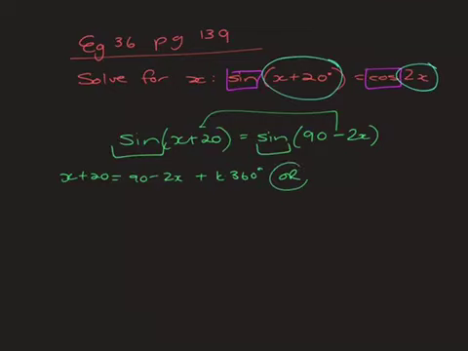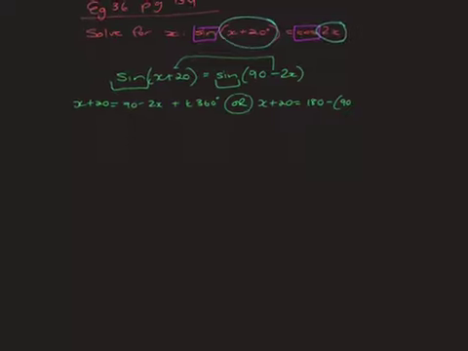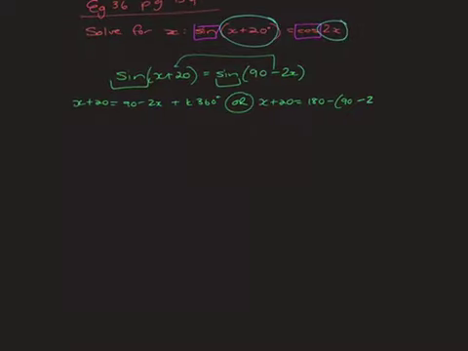Don't forget the or. x plus 20 is going to equal 180 minus that angle. All right, so then I'm going to bring all my numbers to one side, my x's to the other. So it's going to be 3x equals 70 degrees plus k 360.